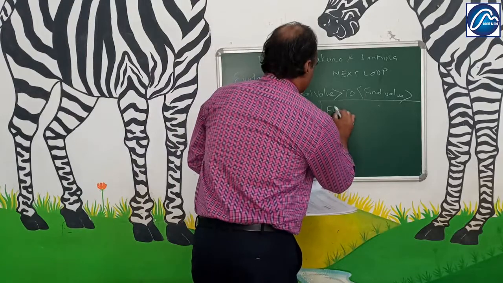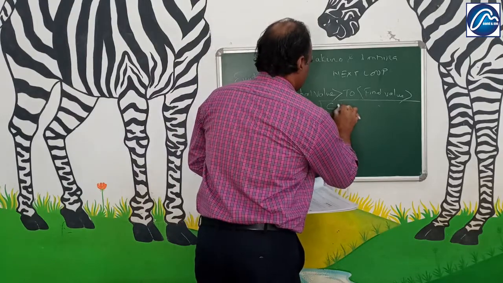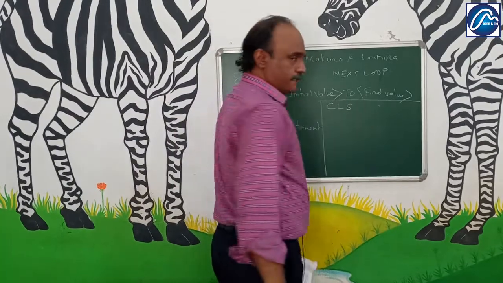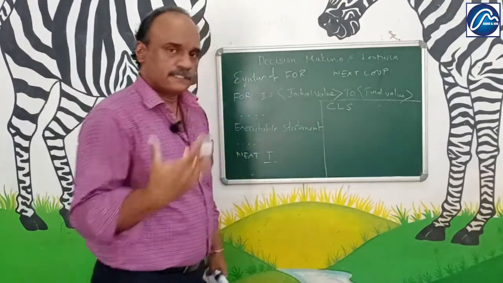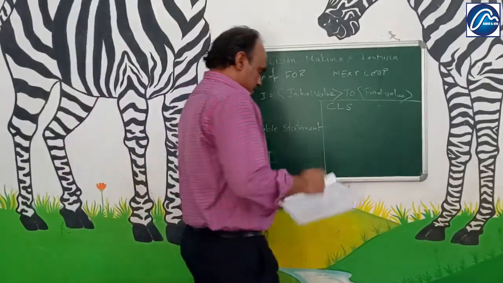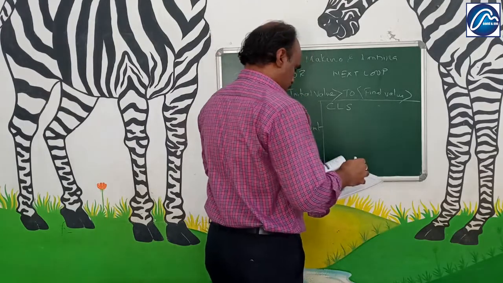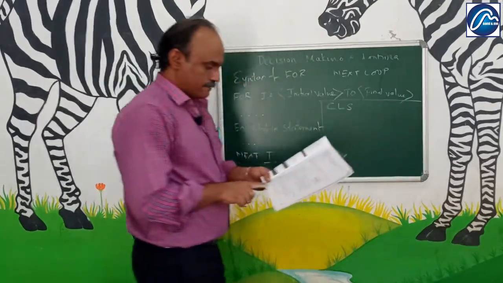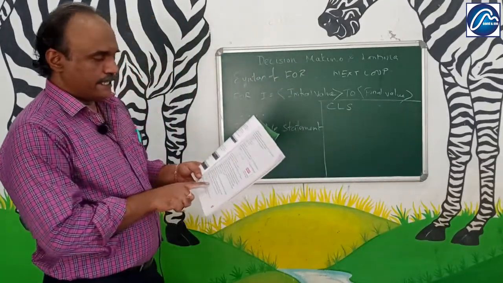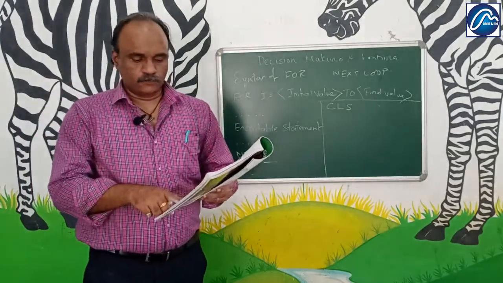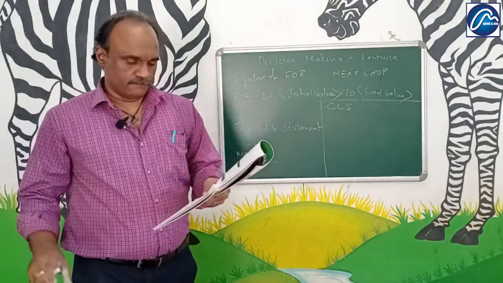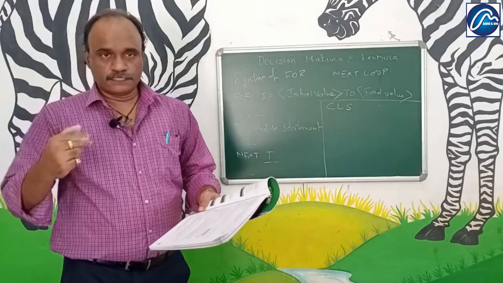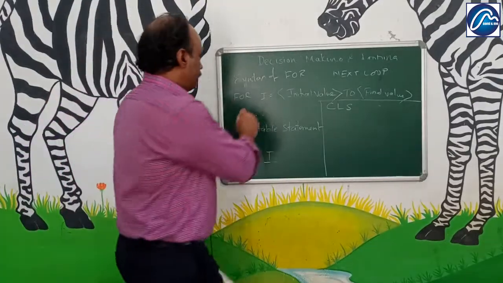First thing, a program always starts with CLS. Second is for. See in your book the example given is a program to print an asterisk in each of the 10 rows. So how it starts?